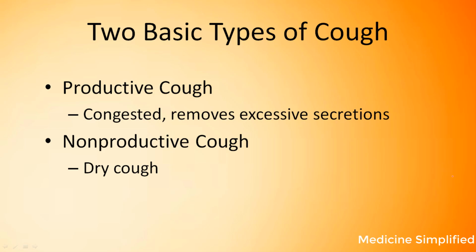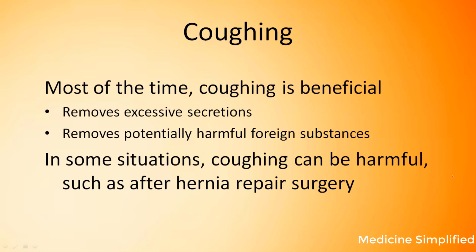Second one is non-productive cough, also called dry cough. What is coughing? Most of the time, coughing is beneficial, as it removes excessive secretions and potentially harmful foreign substances. In some situations, coughing can be harmful, such as after hernia repair surgery.